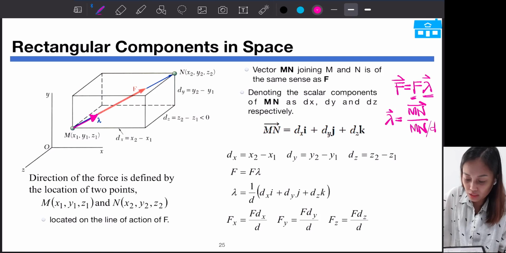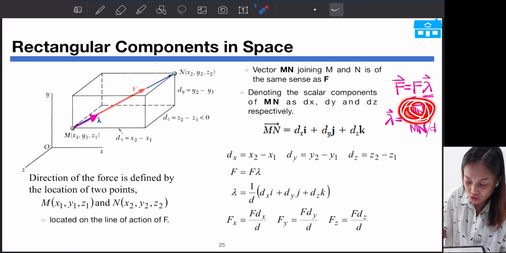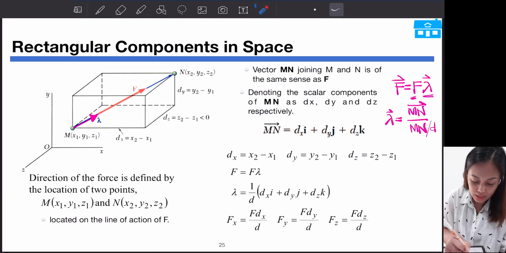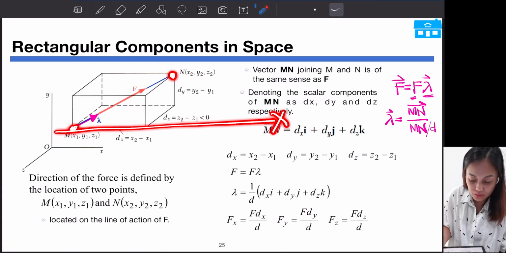Okay, so what is vector MN? This is dx i, dy j, and dz k. These are values. dx is the distance between point M and point N along the x-axis.